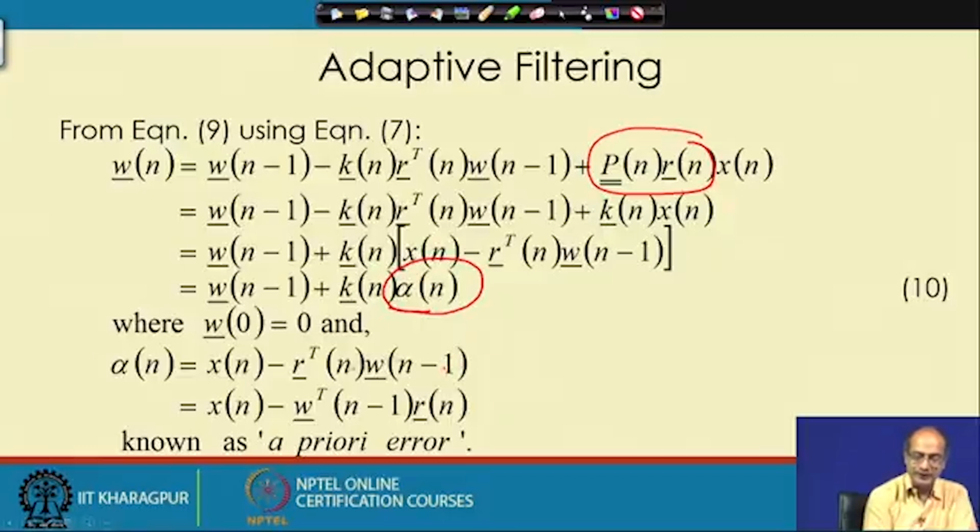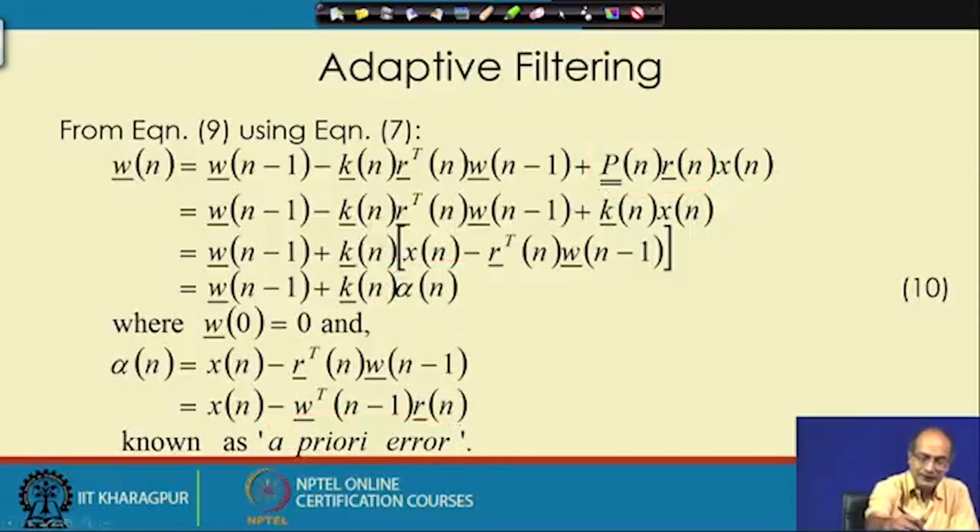Okay. So we can change their order because they are just the dot product, and because we are using the tap weight of the previous instance, it is called a priori error. Instead of error, we give a new name for it, what we call a priori error.